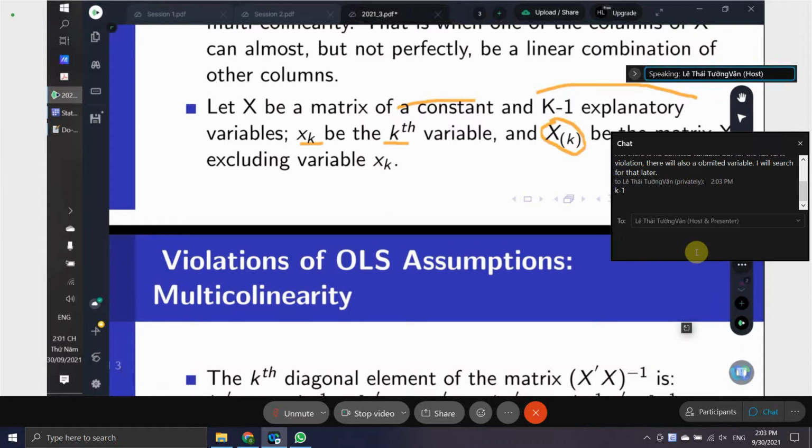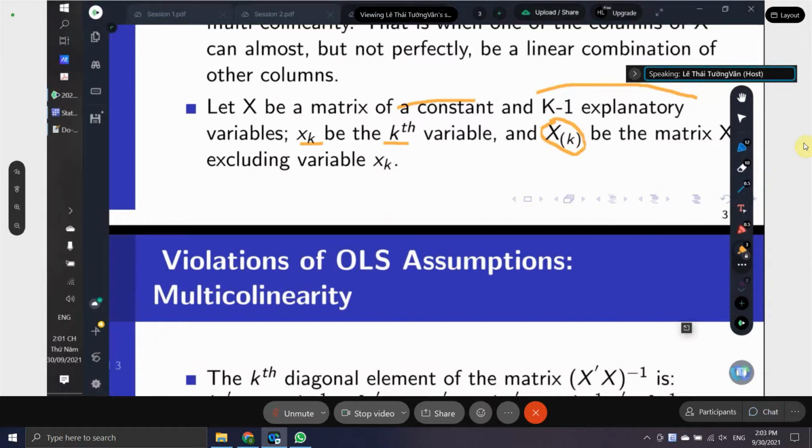Miss Đỗ Khánh Linh, hello. How many columns are there in the Xk? Can you hear me? Can you repeat the question? My internet is not good.